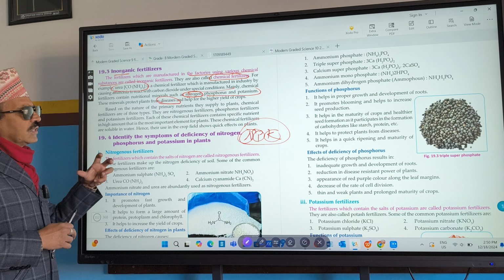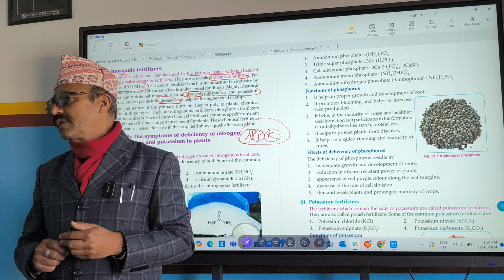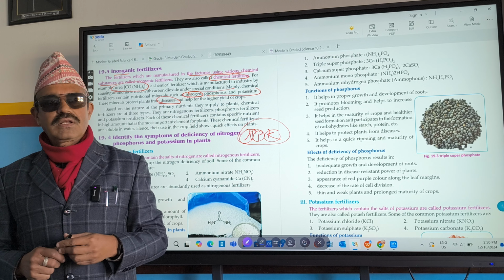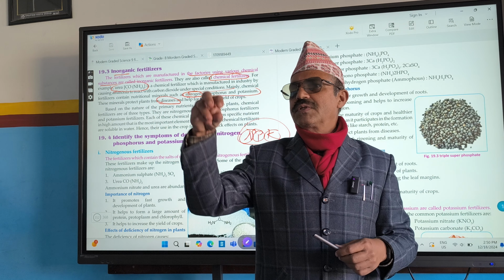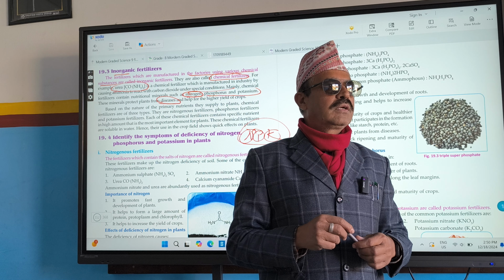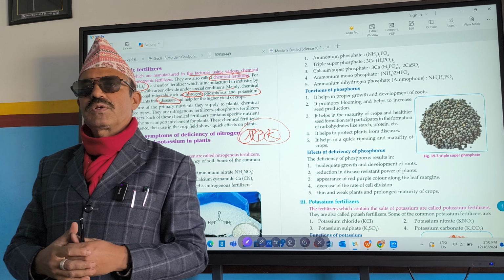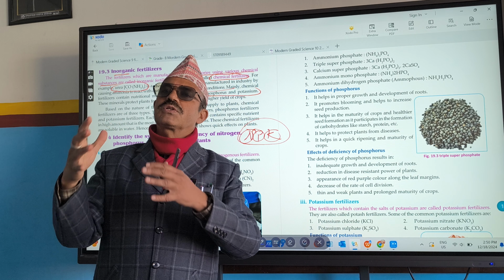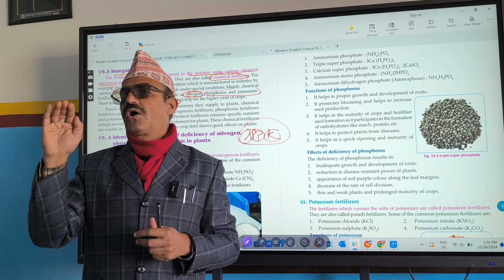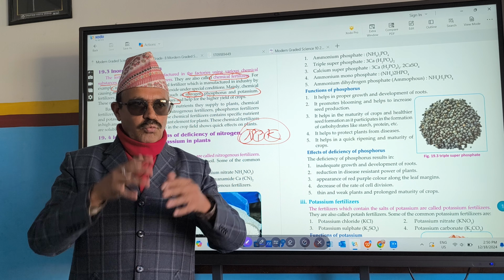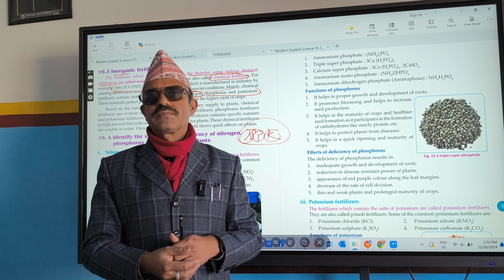And these inorganic fertilizers are nutrient specific. Some provide nitrogen only, some provide potassium only, some provide phosphorus only, some provide nitrogen and phosphorus, some provide nitrogen and potassium, and some provide all NPK. So whatever type of nutrient is required, that type can be used.